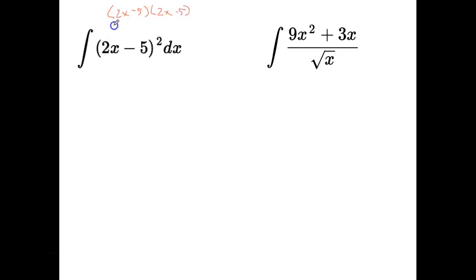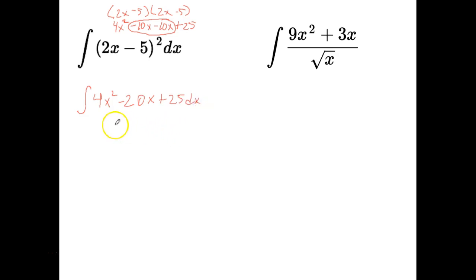Okay, this would be 4x squared, minus 10x plus 25, which is the same as minus, this can be combined to be negative 20x, right? So, written in terms, I have 4x squared minus 20x plus 25 dx.